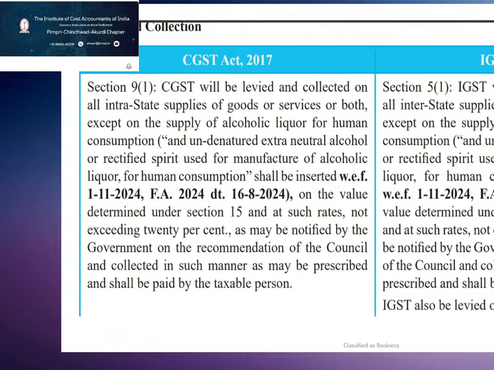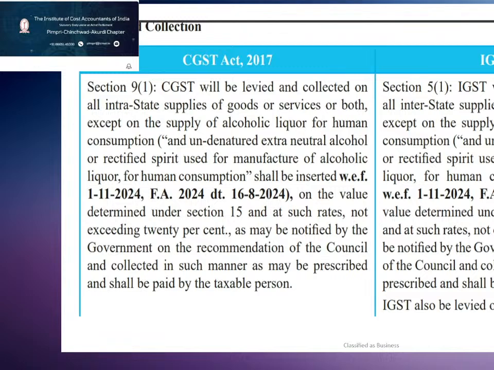CGST will be levied and collected on all intrastate supplies of goods or services except supply of alcoholic liquor for human consumption, and on the value determined under section 15. So what is this section 15? It is the valuation. Till now we have not moved on to this topic.